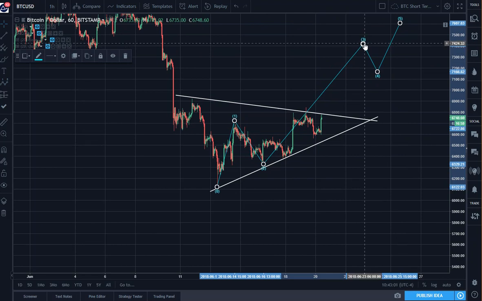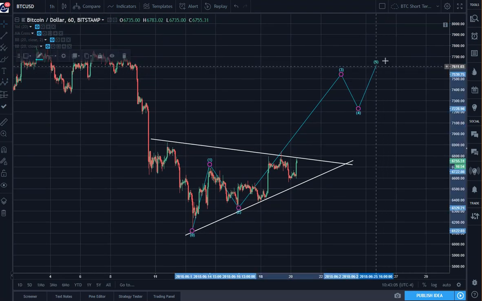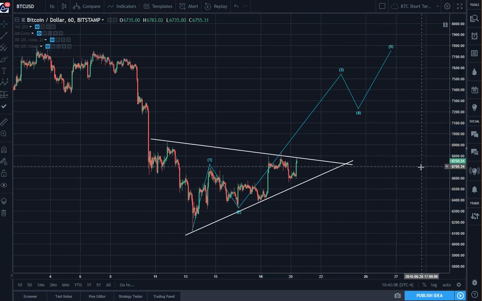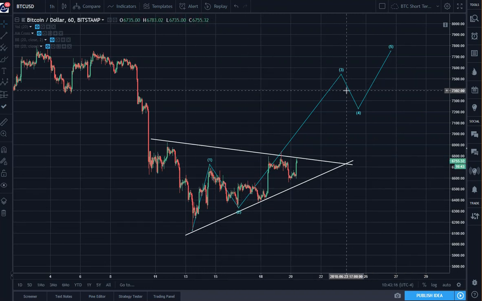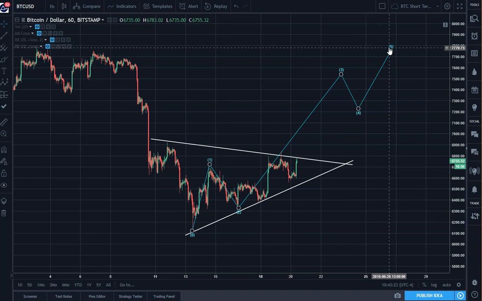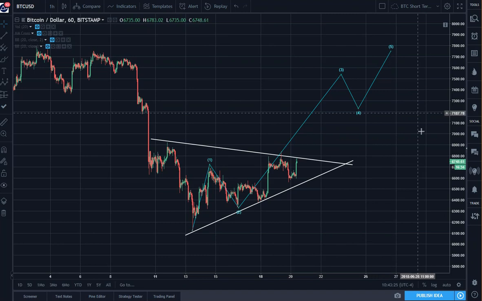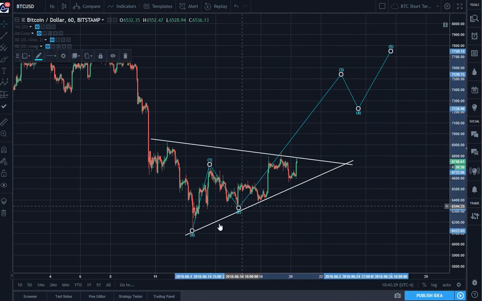If we keep it as an impulse, like just before, it would make very good sense that the price bars are displaying the labels of an impulse in motion. Okay. Now we could even change this to the WXY.